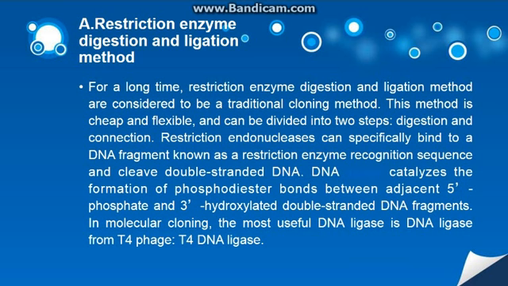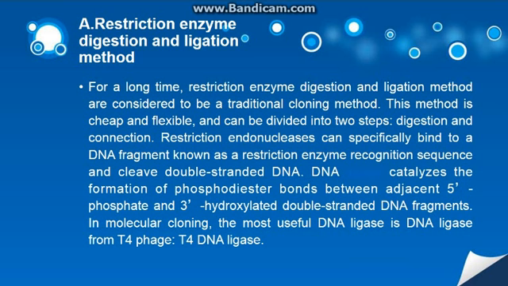Restriction enzyme digestion and ligation method. For a long time, restriction enzyme digestion and ligation has been considered a traditional cloning method. This method is cheap and flexible, and can be divided into two steps: digestion and connection. Restriction endonucleases can specifically bind to a DNA fragment known as a restriction enzyme recognition sequence and cleave double-stranded DNA.